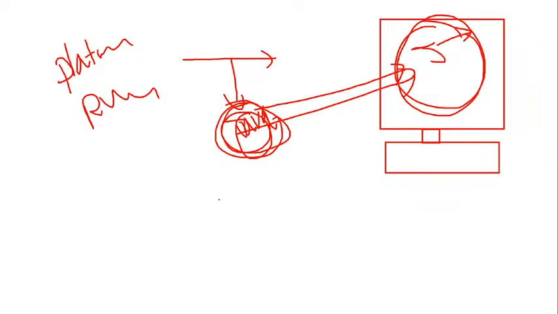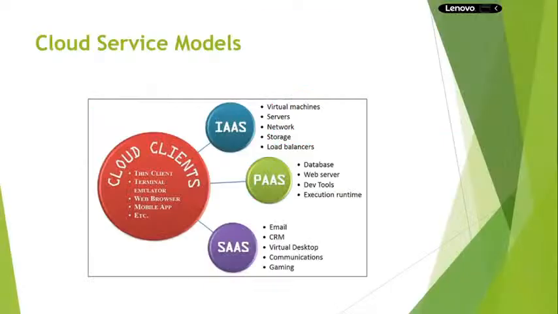Clear? Next is SaaS. In our day-to-day activities in the organization, we are already using Software as a Service. Could you please tell me the best example for Software as a Service? Anyone? Like Gmail. Yes, Gmail, very good.